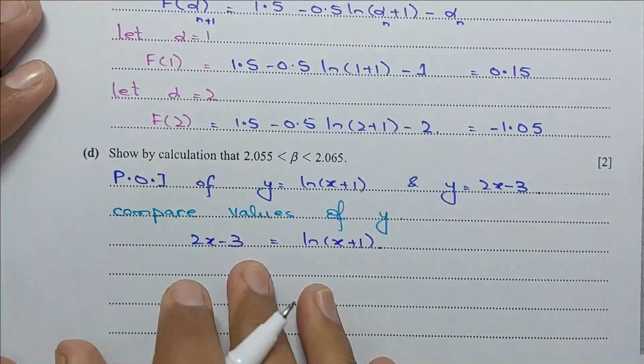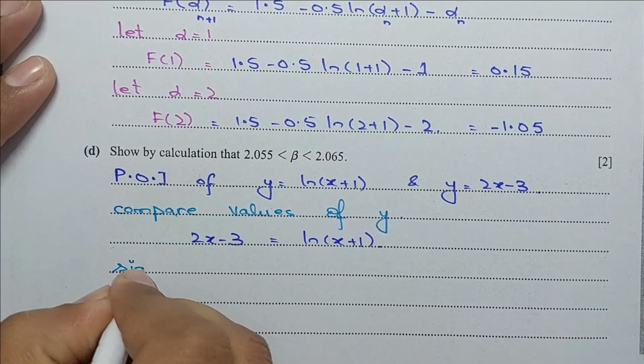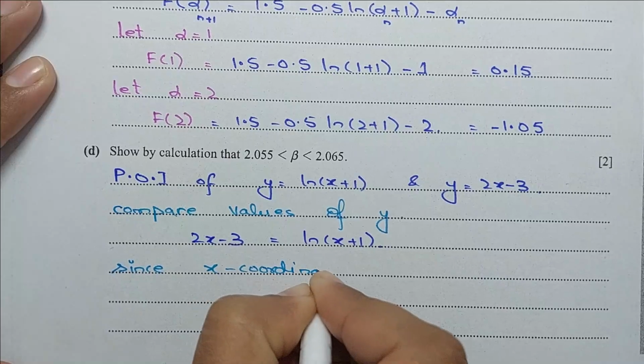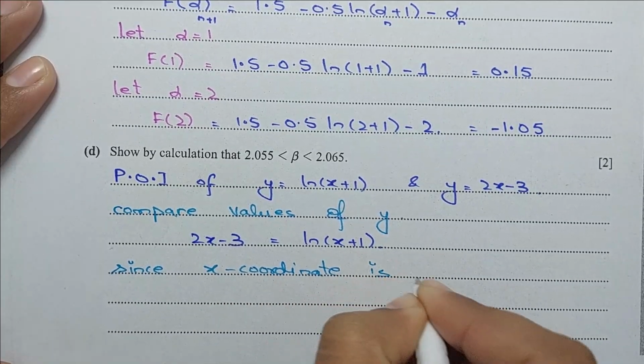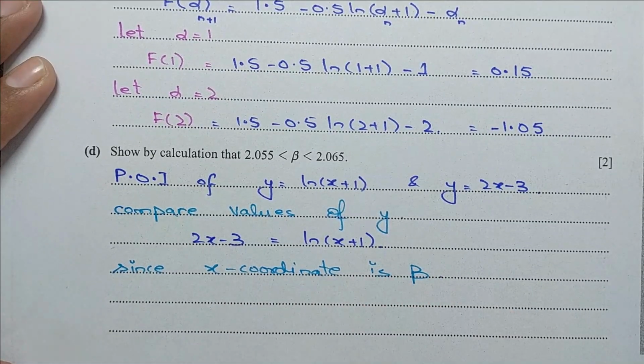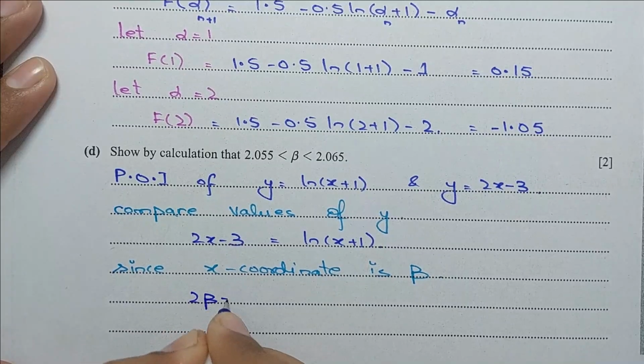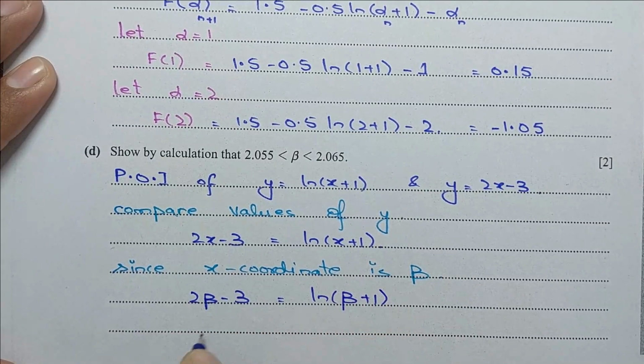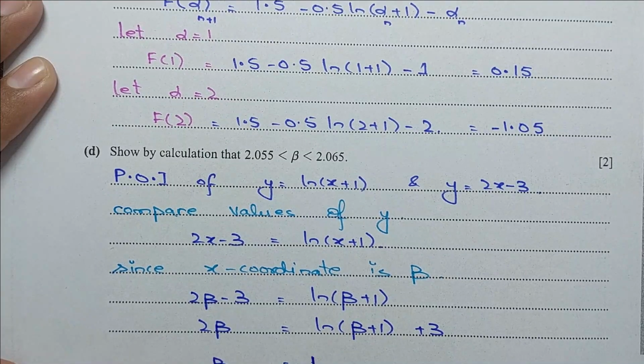The x coordinate is beta, so replace x with beta. So we can say 2 beta minus 3 equals ln of beta plus 1, or 2 beta equals ln of beta plus 1 plus 3, or beta equals 1 over 2 ln of beta plus 1 plus 3 by 2.